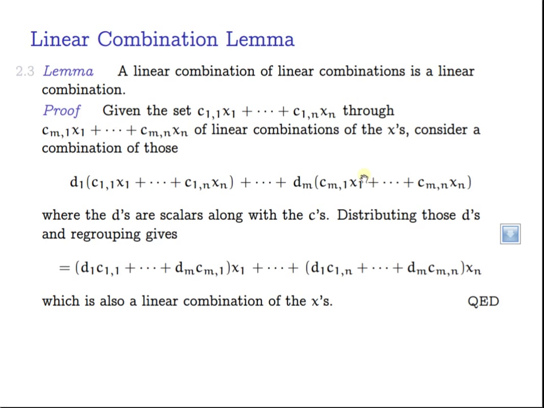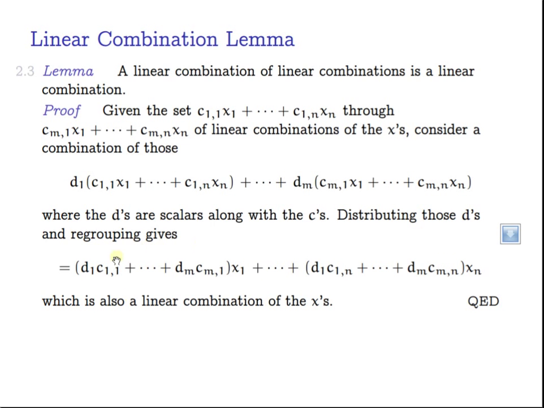Now I just rearrange using ordinary algebra. Actually, I'm using the distributive property to pull the d's into these expressions. And then I group like terms. If I group all the coefficients of x1, I get this result. I'll have coefficients of x2, I can group those, etc., etc. I can group all the coefficients of xn, and I get this result.